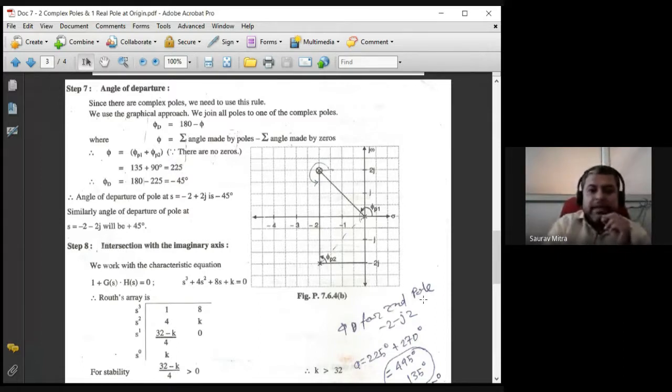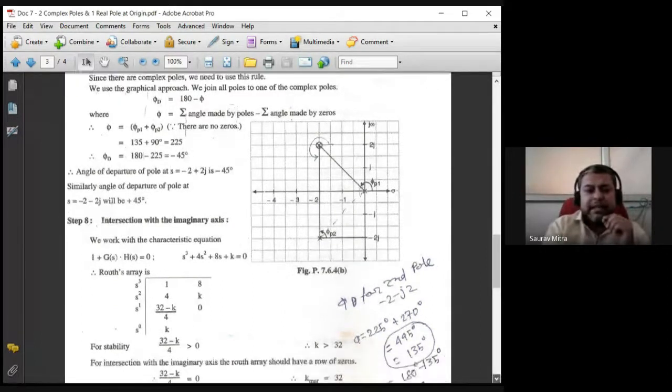So for the pole at minus 2 minus 2j, the angle of departure will be plus 45 degree. This is how we calculate angle of departure if there are only poles. If there are only zeros, or a combination of poles and zeros, those kinds of numericals we will see afterward. But this numerical you understand clearly.